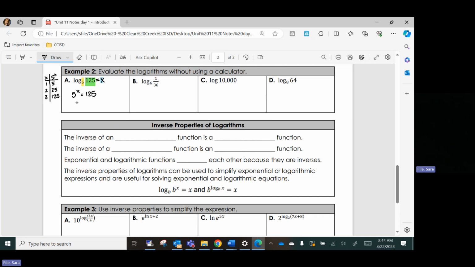So if you need to rewrite this and say, okay, 5 to the x equals 5 cubed. I rewrote 125 as 5 cubed. The fact that those bases match, this is the one-to-one property, says that x is 3. Some of you can just skip that step and go straight from 5 to the x equals 125 and just say that means x is 3.